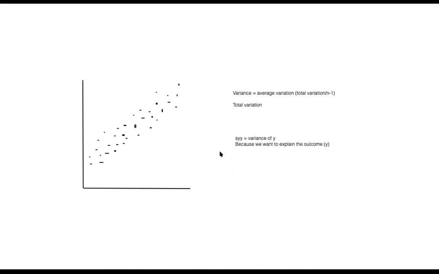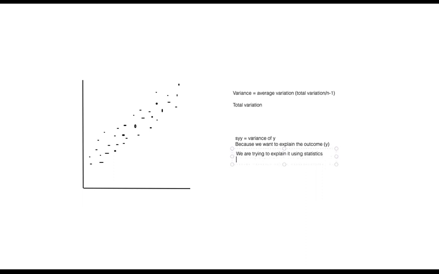Because we want to explain the outcome, the y variable, we are trying to explain it using statistics. In your theory, you'll try to explain it using words and paragraphs, and you'll have a story that links your x variable to y. But when we're trying to test that relationship, and explain that outcome y variable using quantitative methods, we explain y using statistics.